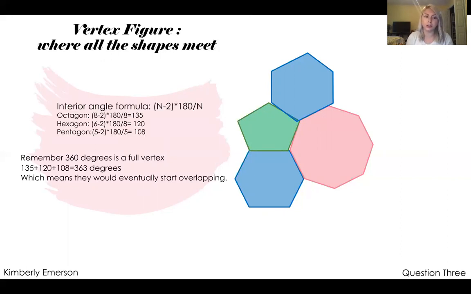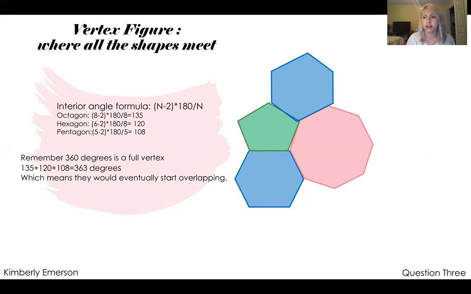We're going to do this first. We're going to find the interior angles for each of these shapes. Our formula for that is n minus 2 times 180 divided by n, where n equals the number of sides.